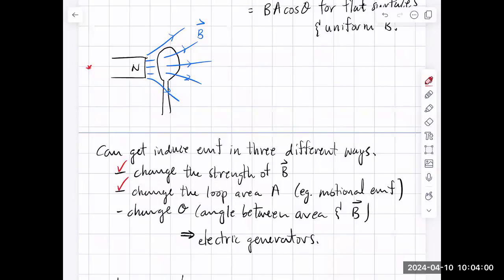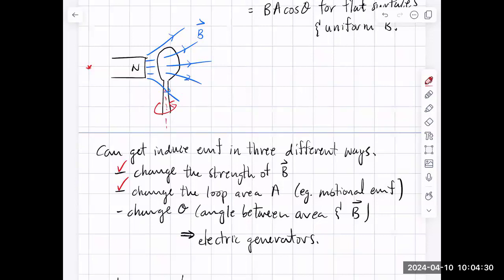The final way to change the magnetic flux is to keep the shape of the loop the same and keep the bar magnet fixed in place, so the strength of the magnetic field is not changing. But we can change the angle between our loop and the magnetic field. Imagine taking this loop and spinning it around this axis. Whenever the plane of the loop is perpendicular to the magnetic field, you'd have the maximum flux.